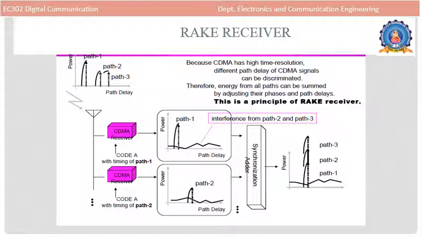Here the multipath components have different delays. Each path provides a different delay depending on the delay in the multipath component, so they come in the same order, and then all the delayed versions are clubbed together in order to recover the signal or make the decision. So this picture shows the basic principle behind the rake receiver.